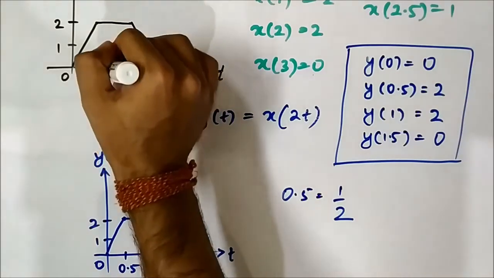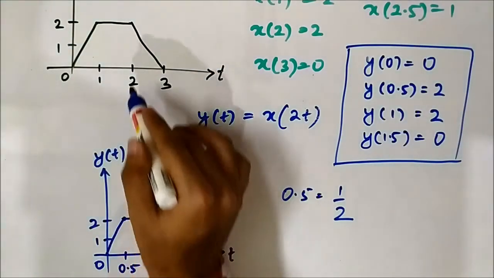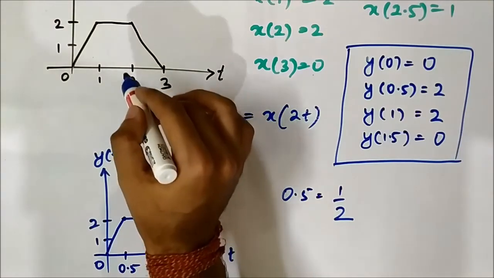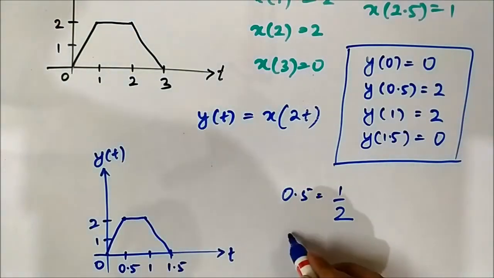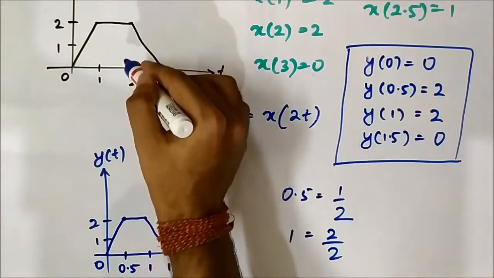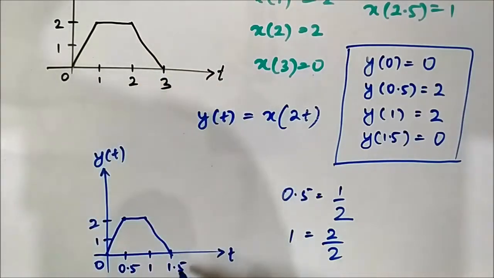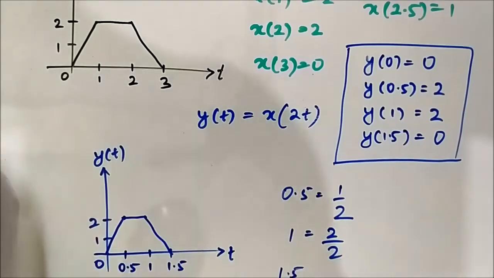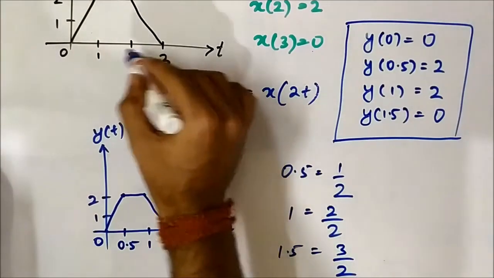Here at t equals 2, the amplitude is 2. Here at t equals 1, which is 2 by 2, half of that, the amplitude is 2. Here at t equals 3, the amplitude is 0. Here at t equals 1.5, which is 3 by 2, half of that, the amplitude is 0.